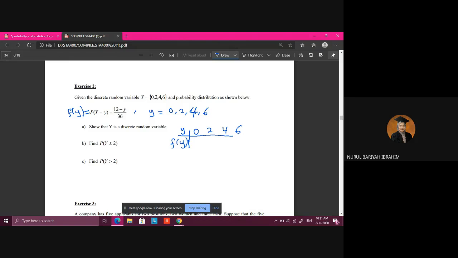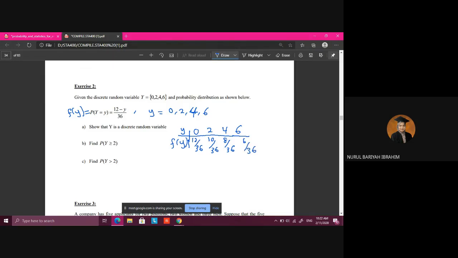How to get the probability of y equal to 0? Just substitute here with 0. So here you will get 12 over 36. Okay, y equal to 2, substitute here 2. So you will get 10 over 36. Y equal to 4, you will get 8 over 36. And lastly you will get 6 over 36.